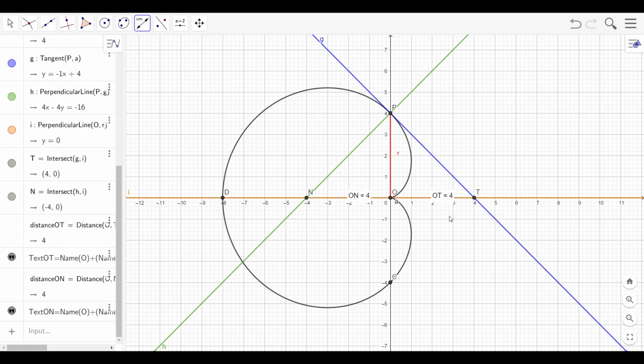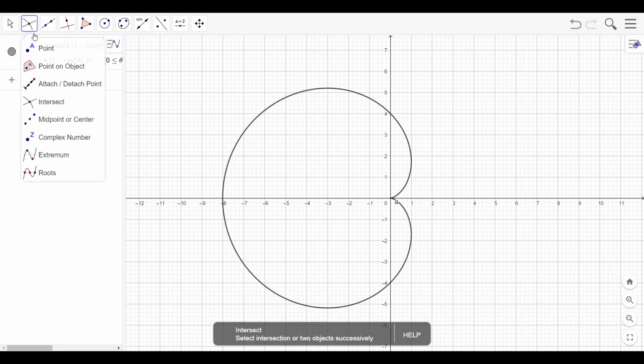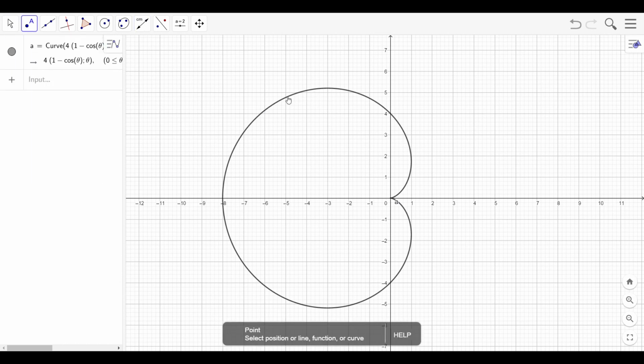So this is what we have obtained from our example. Now you may consider another point and see what is the polar subtangent and polar subnormal.